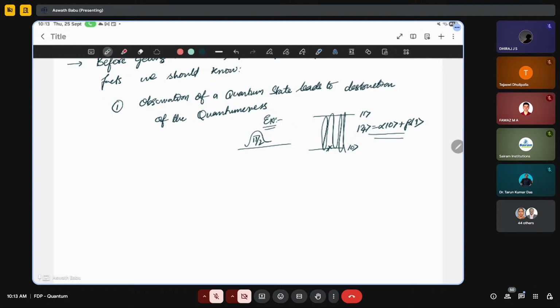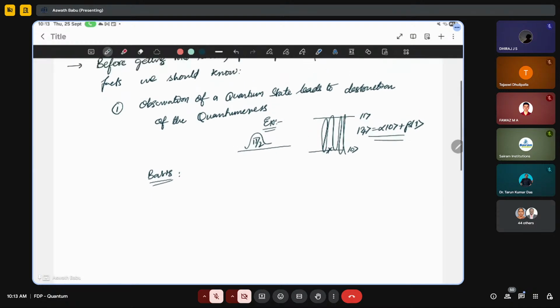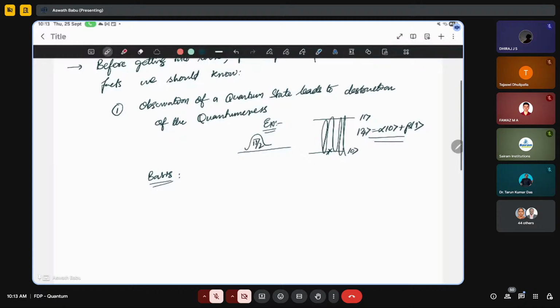Usually there is a basis on which any system is defined. For a two-dimensional vector system, yesterday we saw i cap and j cap is a basis on which it is defined. Now here the basis is 0 ket and 1 ket. We want to find whether the system is prepared in this basis, 0 ket or 1 ket. One question you can ask: what is the other basis?